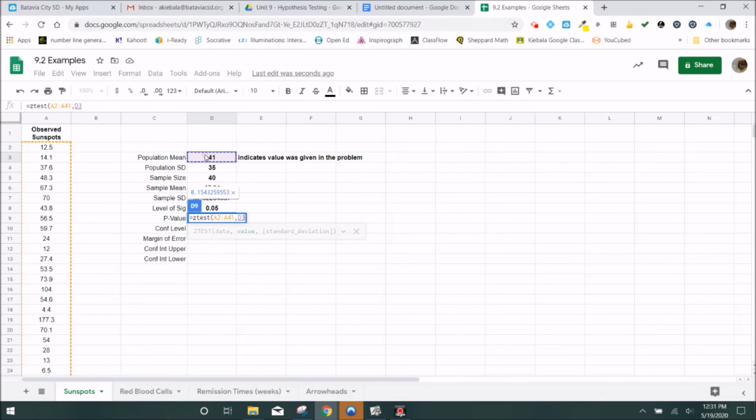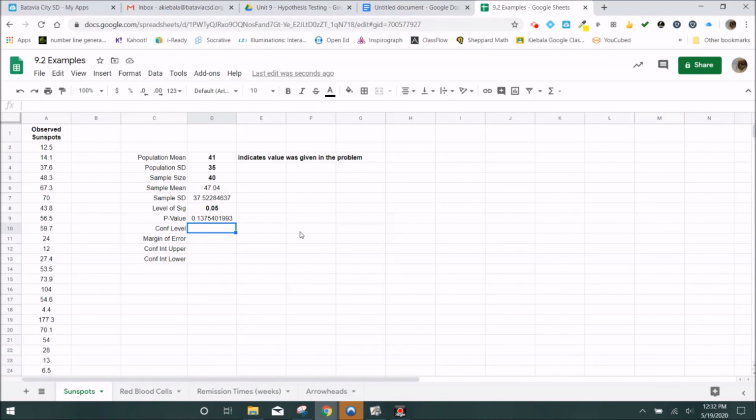So 41, I'm just going to highlight that cell D3. And then the standard deviation, if we know it, which we do, 35, end parentheses, and it gives us our p-value. This is the number right here that we are going to compare to the level of significance, but we'll do that in just a minute.